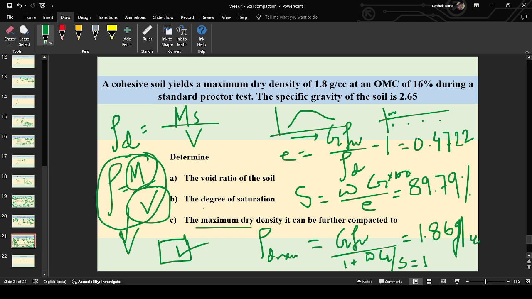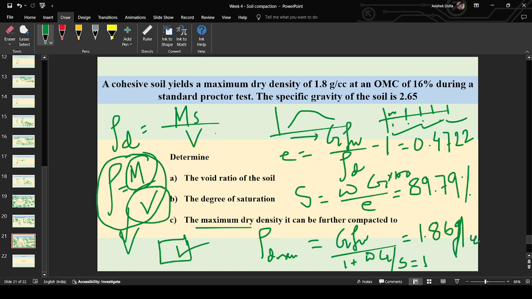Air has no mass, so it will be the mass of moisture and the solids, which is variable for the number of trials we perform. But the mass of solids is not variable, right?